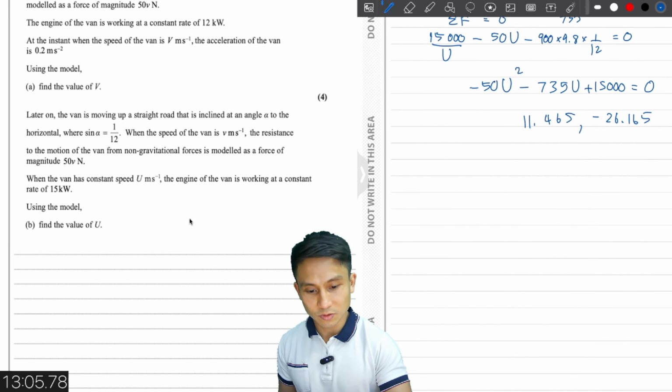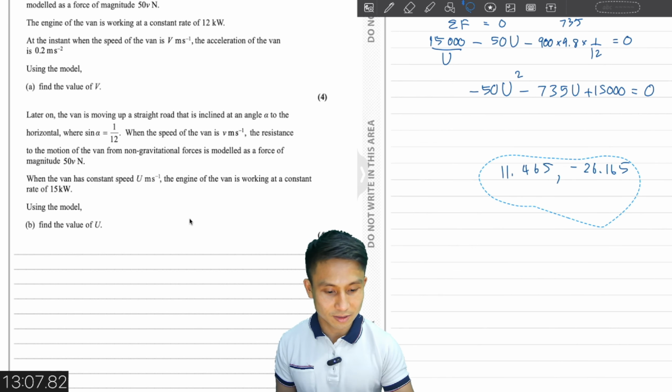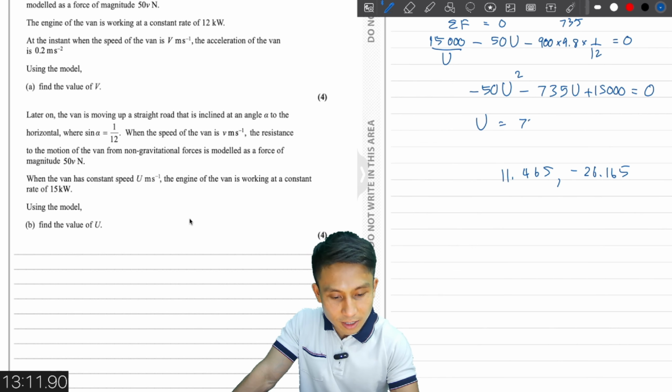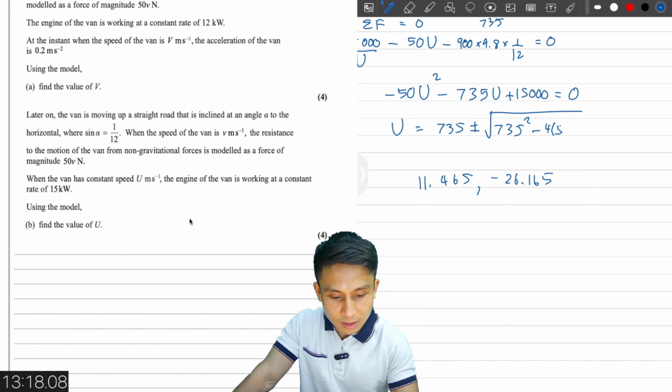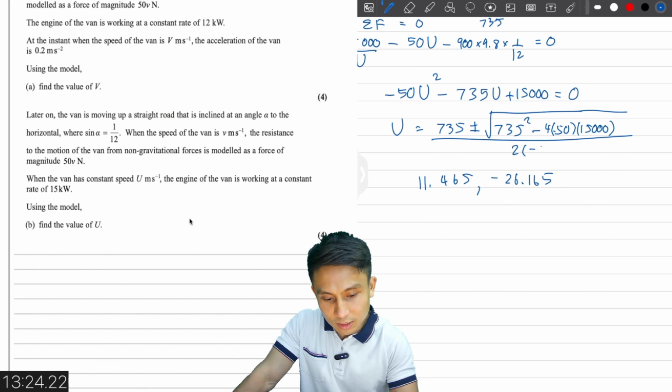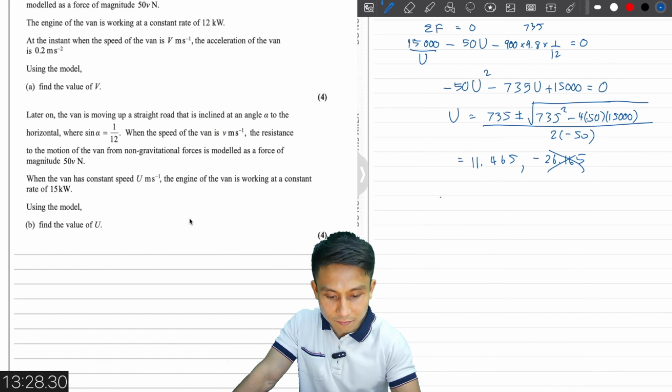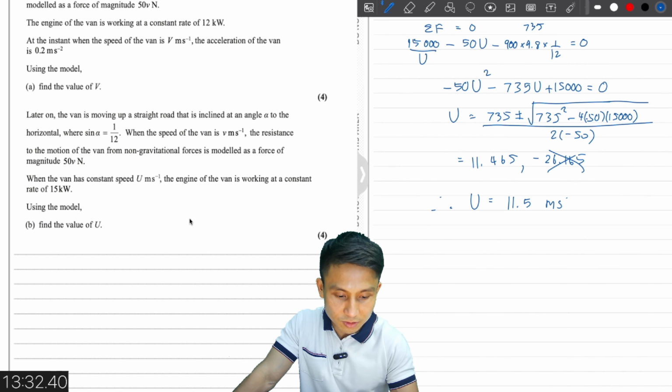At least the numbers look consistent to me, as in the decimals. So u equals minus b plus or minus square root b squared minus 4ac, divided by 2a, and equals that. So we reject that. Therefore, u is 11.5 meters per second.